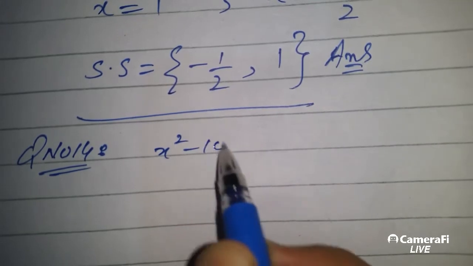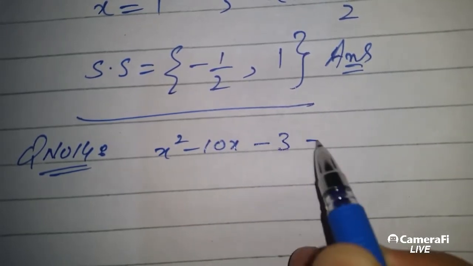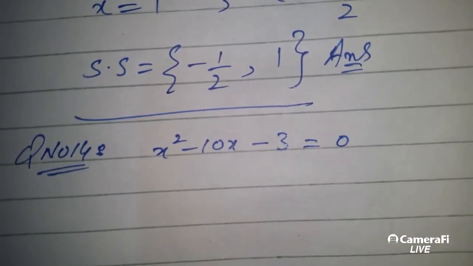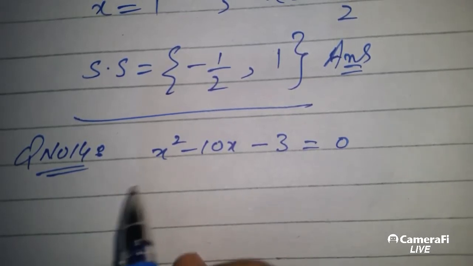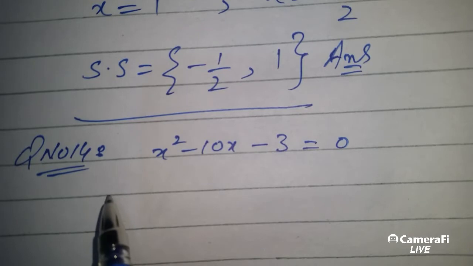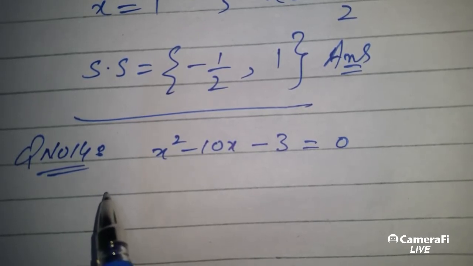x square minus 10x minus 3 is equal to 0. From here, actually, the method is that we will try to solve these problems by completing square.